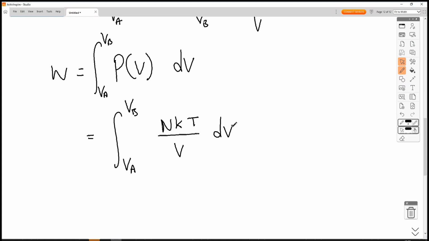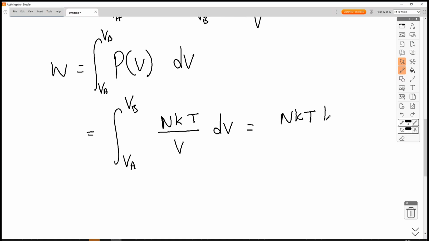So if you were to integrate 1 over v, you'd get ln. So that's nkt ln v, remembering to include our limits.